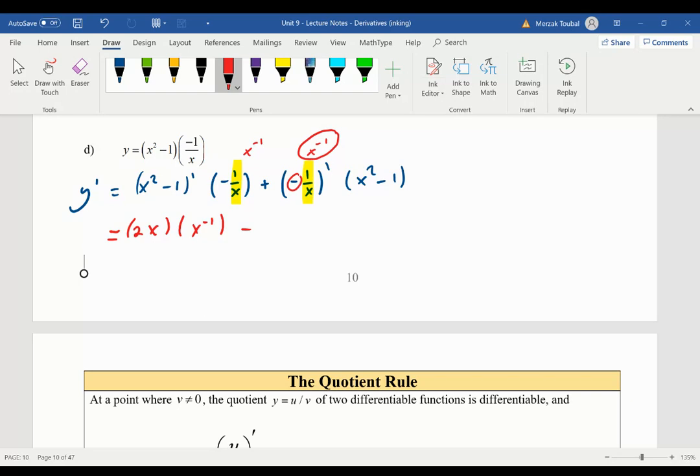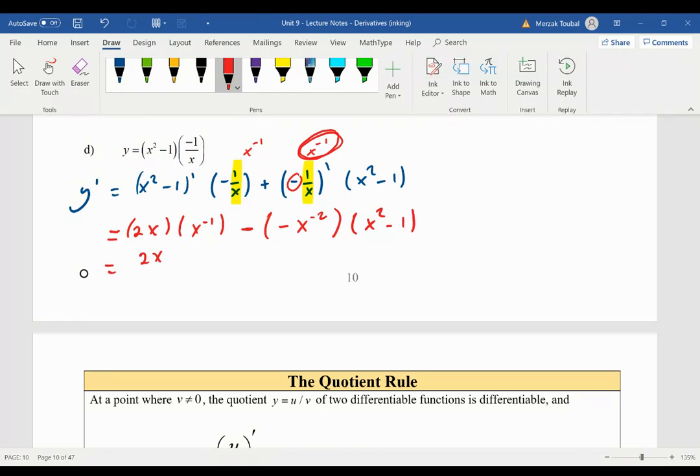First of all, you have that negative, which I already wrote over here. And then you have the power rule. When you apply the power rule, it will be negative x to the minus 2, because subtract 1 from negative 1, which is negative 2. That's the derivative. Times x squared minus 1.